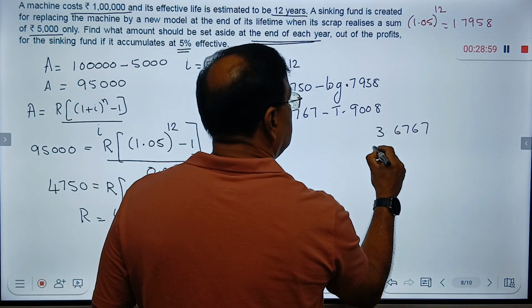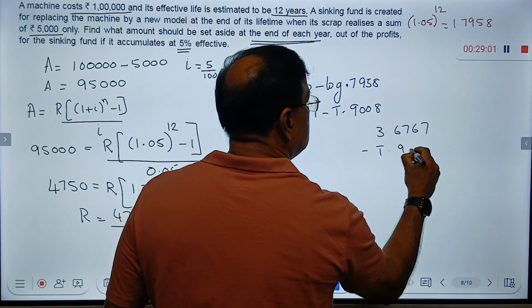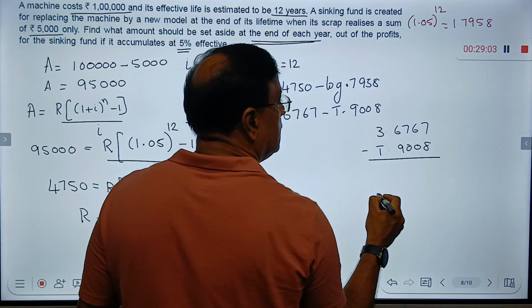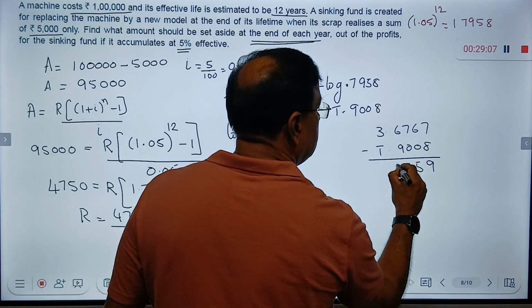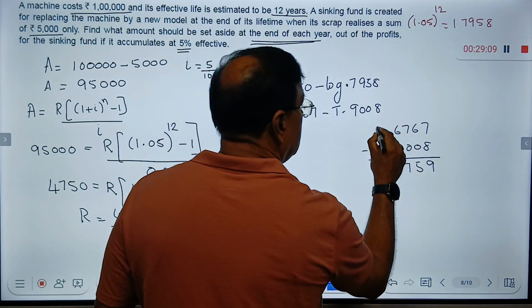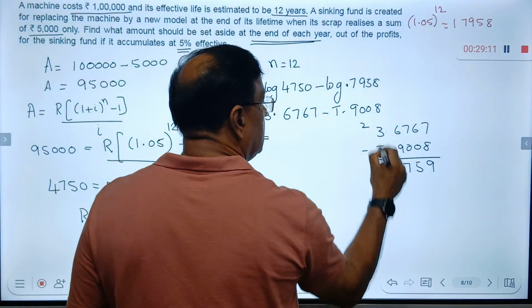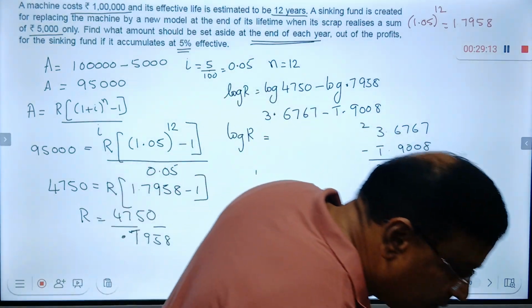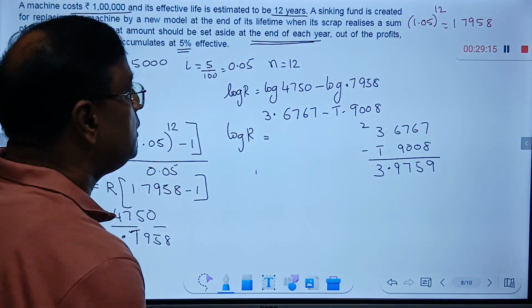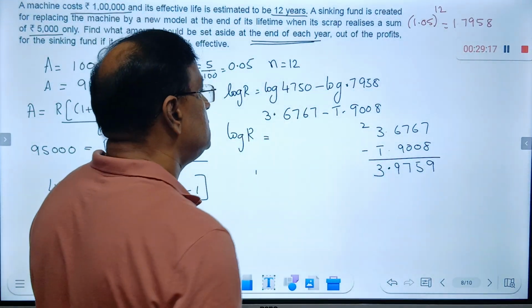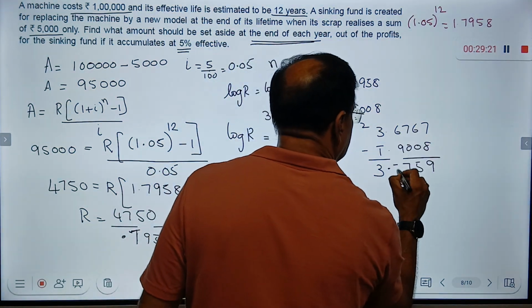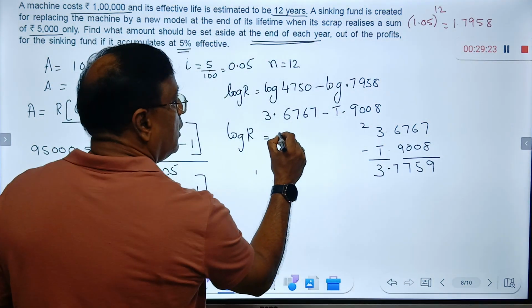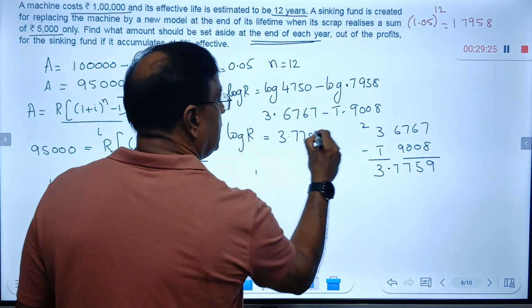6767 minus bar 1.9008. 9, 10, 11, 12. This is 9. This is 5, 7, 9 point. This is 2. 2 minus all is 3. It's okay. 10, 11, 12, 13, 14, 15, 16. This is 7. So this should be 3.7759.